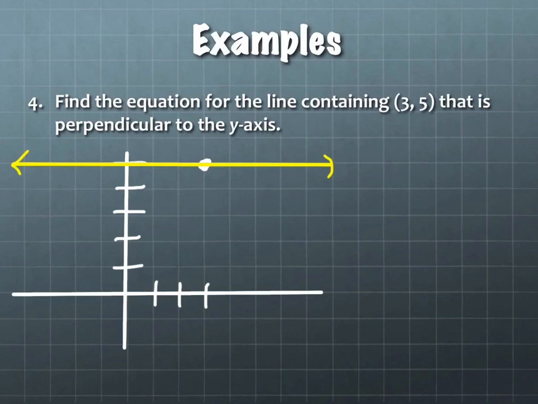Look something like this. Now again, it didn't ask me to graph this line. But for me, once it's graphed, it becomes a much easier question to simply say, now, what is the equation of what I graphed? Any ideas? What would the equation of this yellow line be?